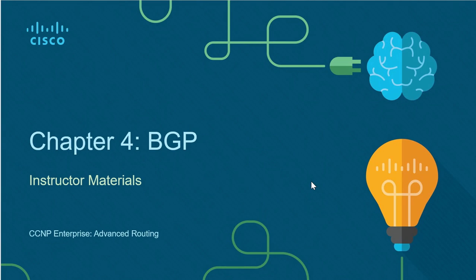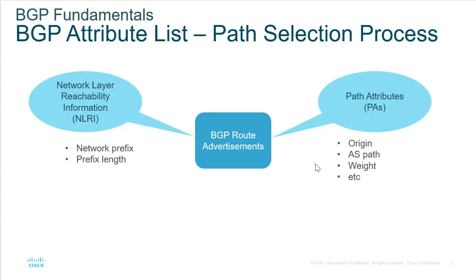Hey everyone, in this video we are going to look at path attribute manipulation. Okay, so when BGP sends advertisements to other BGP peers, sebenarnya dia hantar dua benda yang penting dalam route advertisements ni, which is one, network layer reachability information or NLRI.